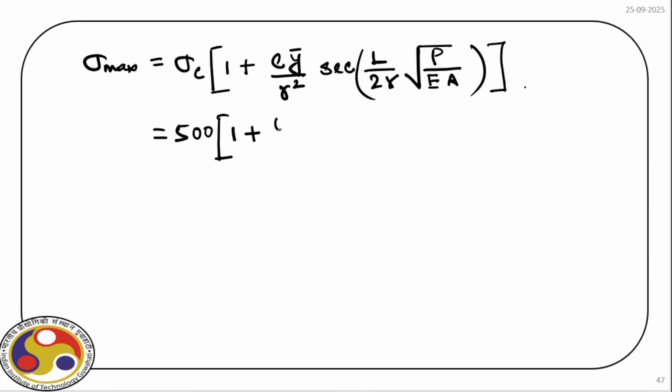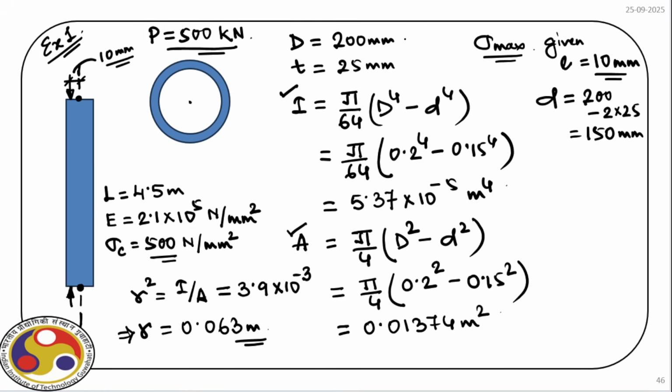That means 0.01 times y bar. So the capital D, the diameter of the outer circle, is 200 millimeter.